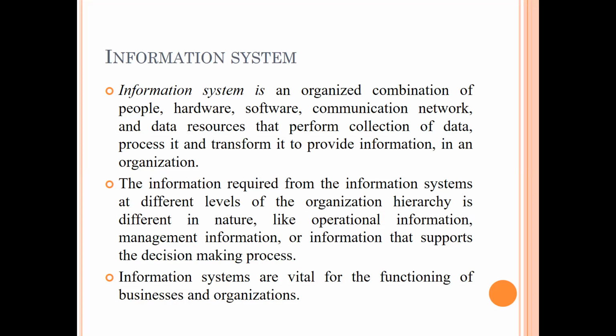At operational level, you might have people like the data entry people. At management level, you're going to have people like managers, or people in decision-making positions. And for the decision-making process, you're going to have people that actually make decisions in an organization, like the CEOs and people like that.